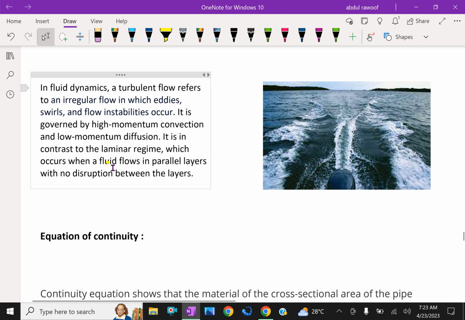It is in contrast to the laminar regime, which occurs when a fluid flows in parallel layers with no disturbance between the layers. In turbulent flow there is a disturbance in the layers, but in laminar flow there is no disturbance. Here, this swelling is a good example of turbulent flow.